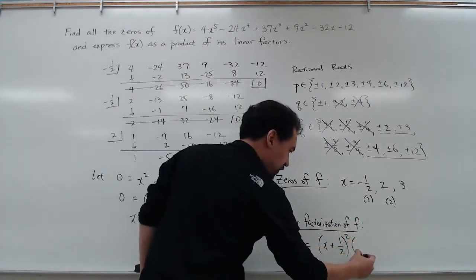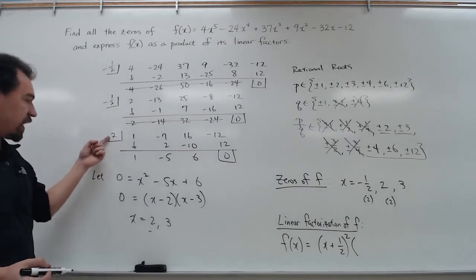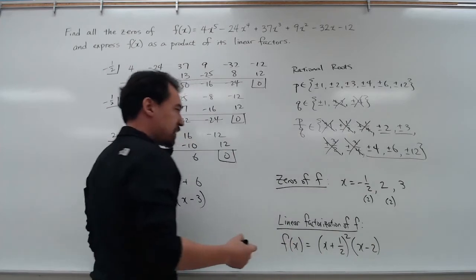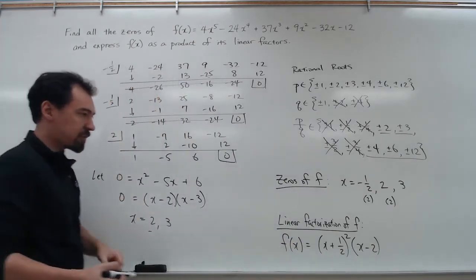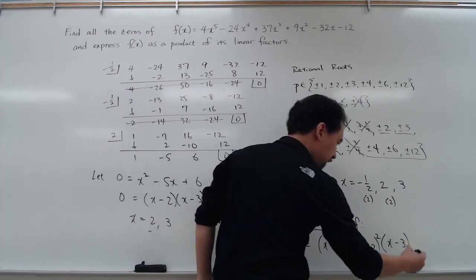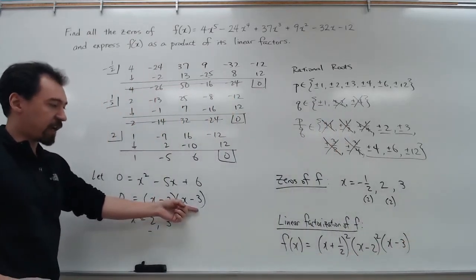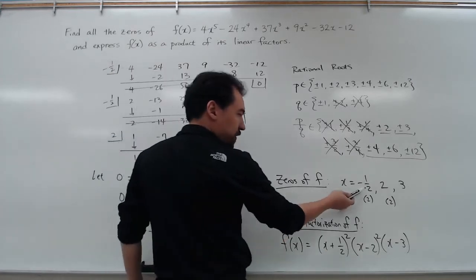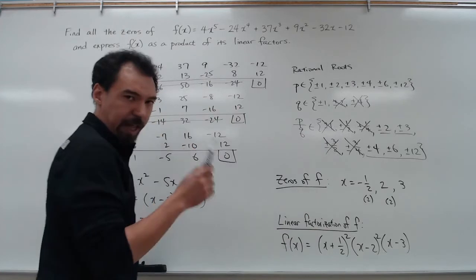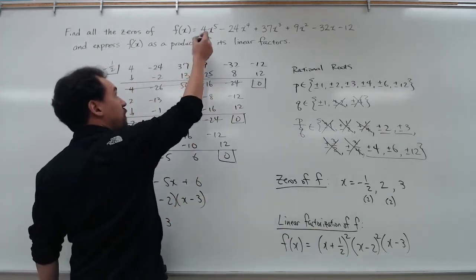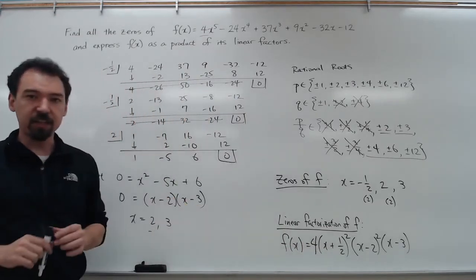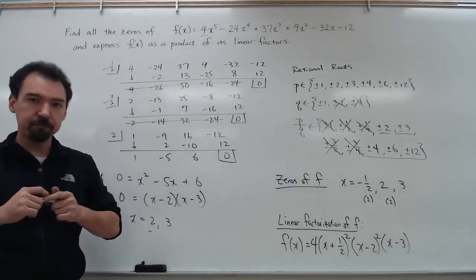And then I can write, for the next factor, since I have a 0, that's 2, my factor is x minus 2. And since that one shows up twice, I can put a 2 here, and then x minus 3 corresponding to my last factor. So notice, the multiplicity of the 0 corresponds to the power of the factor. Last step. There is a leading coefficient of 4, which I must put right there. And that is the linear factorization of f.